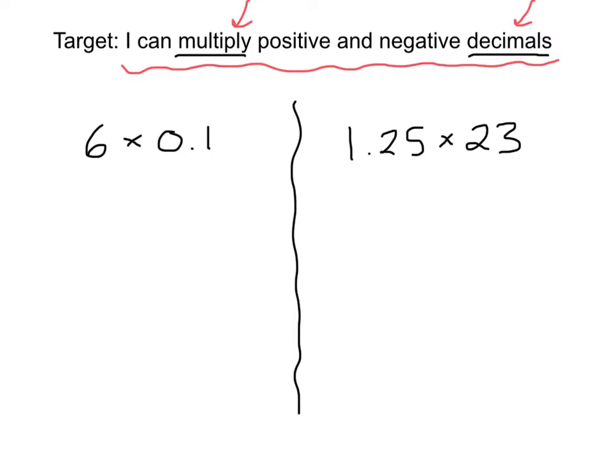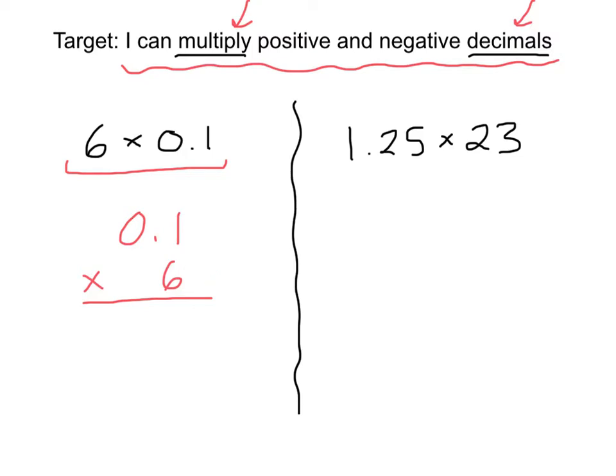If I were going to multiply 6 times 0.1, I would write 0.1 times 6, and I'm multiplying. I don't line up the decimal points. There's the decimal in 6, 6.0, but like with adding and subtracting decimals, I don't line them up.